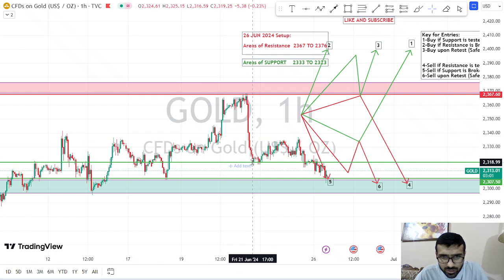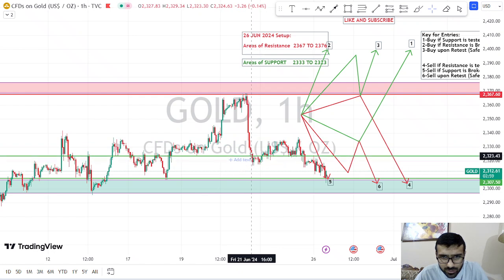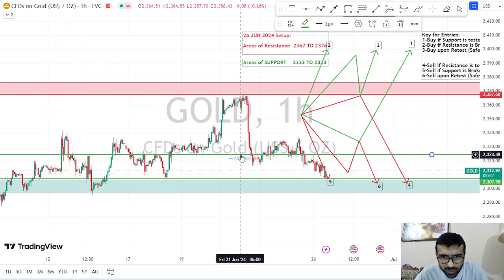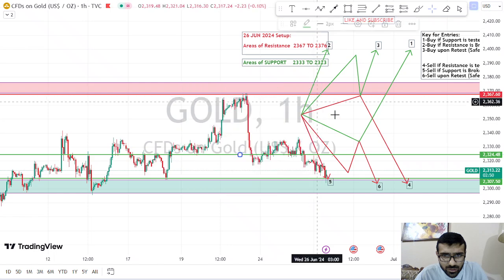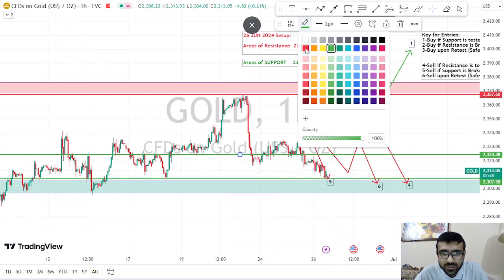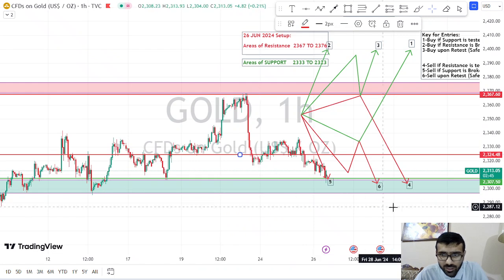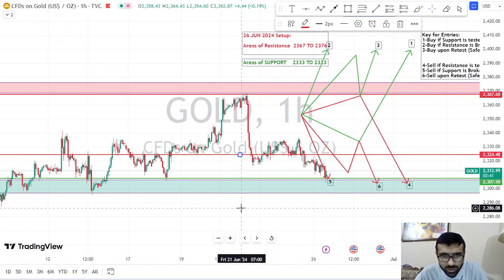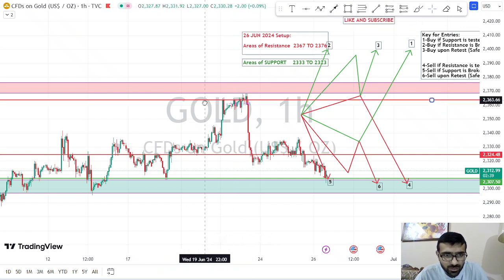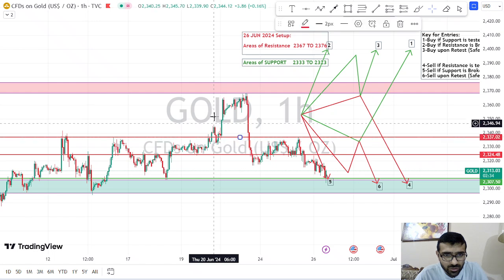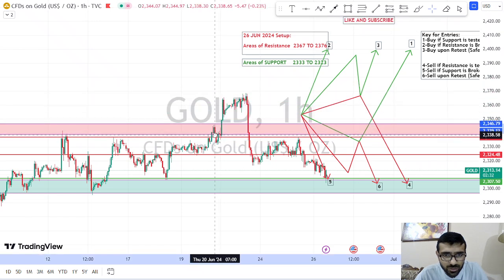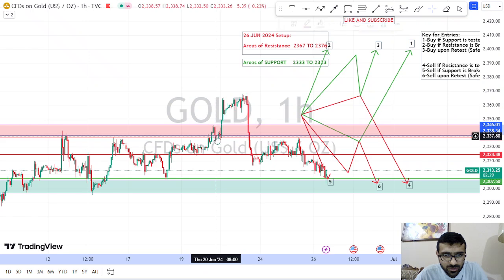This area is now going to behave as an area of short-term resistance. 2324, this area is now going to behave as an area of short-term resistance, and the major area of resistance will now be approximately this zone. Okay, so just be vigilant for this zone.